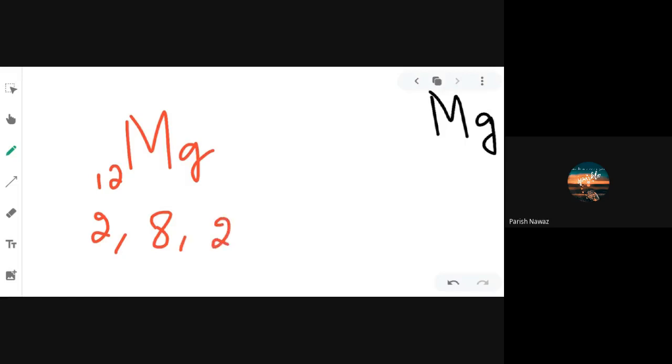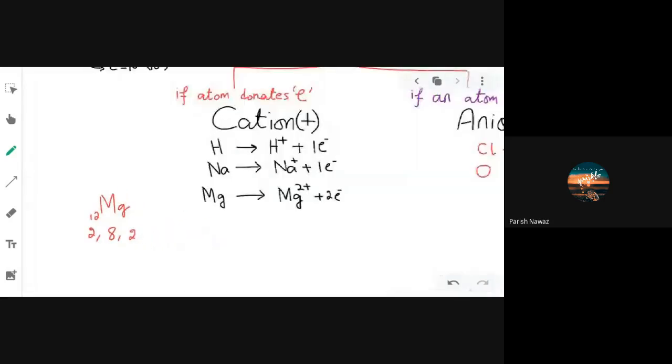It will be balanced if it has 8 electrons in its outermost shell. It can have 8 electrons in its outermost shell in two ways: either remove these 2 electrons, or another way is that you add 6 electrons. Removing 2 electrons is easier than adding 6 electrons. Therefore, magnesium will lose 2 electrons from the outermost shell. That is why it will carry 2 positive charge.